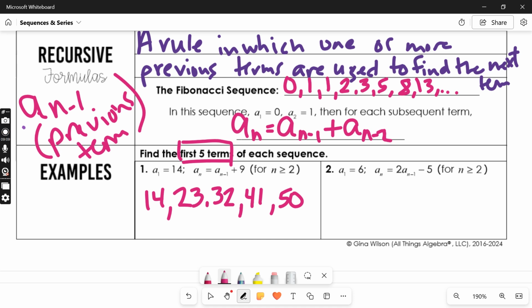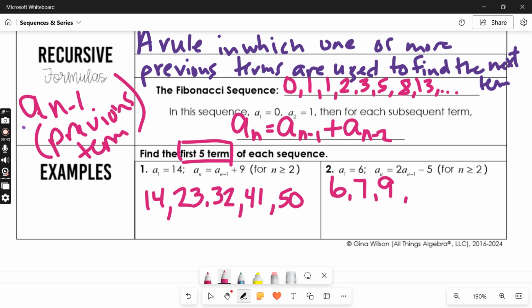Okay, a sub 1 is 6, so our first term is 6. We'll find the next term by doing 2 times our previous minus 5. Alright, so our first term is 6. I'm going to do 2 times that, so 2 times 6, which is 12, minus 5. So 12 minus 5 is 7. Then I'm going to do 2 times 7, which is 14, minus 5, which is 9.